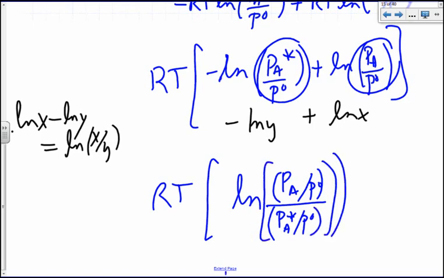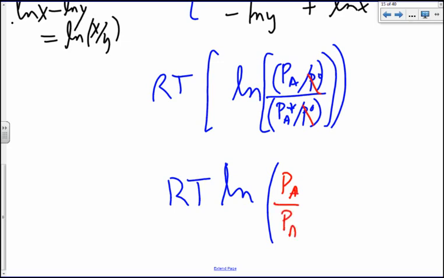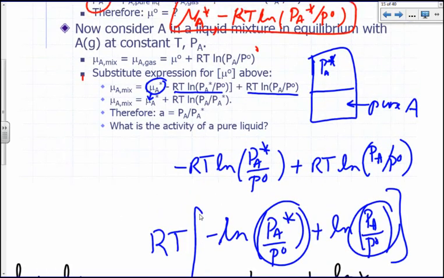P naught cancels out, and that's equal to RT natural log of PA over PA star. So that's RT ln PA over PA star, and this is the expression that we have over here.